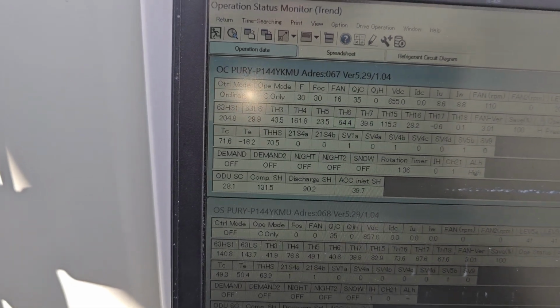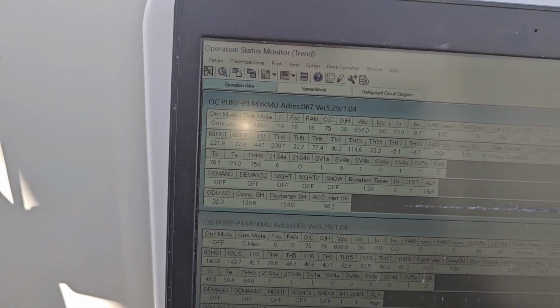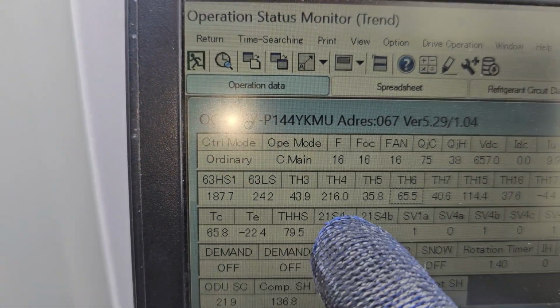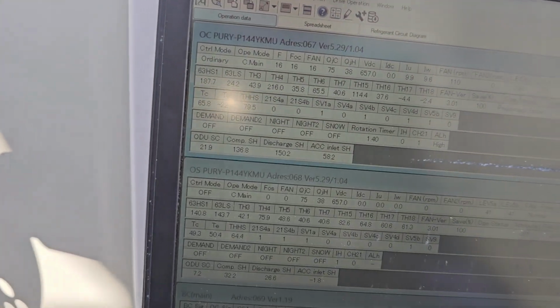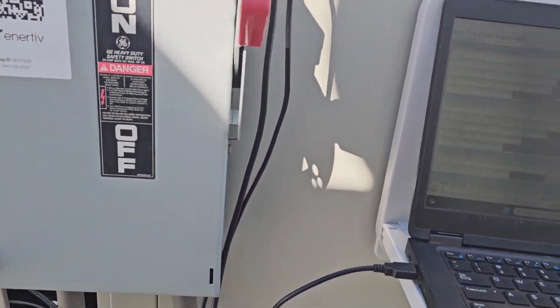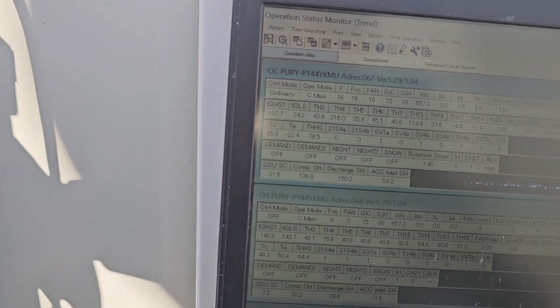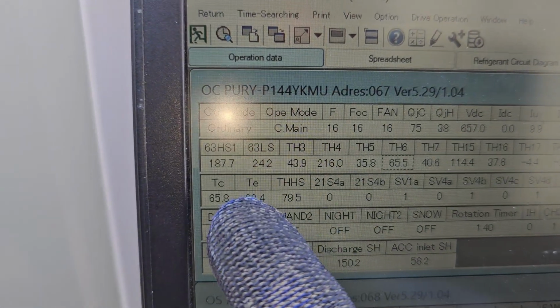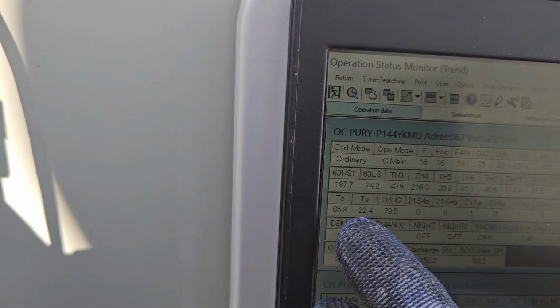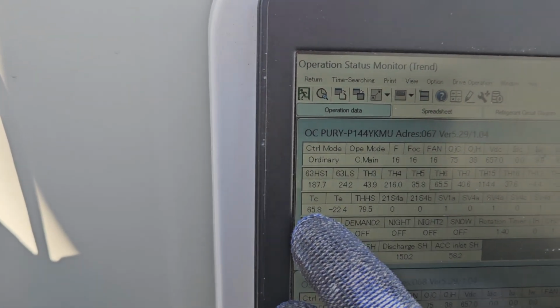A few weird things that I noticed right off the bat was we have a hot discharge temp, our TH4, 216. I like to see that between 150 and 180, depending on the mode. The newer N generations run quite a bit hotter, but anyways, I'm noticing a very low TE, which is our low side saturation temperature, very low TC.